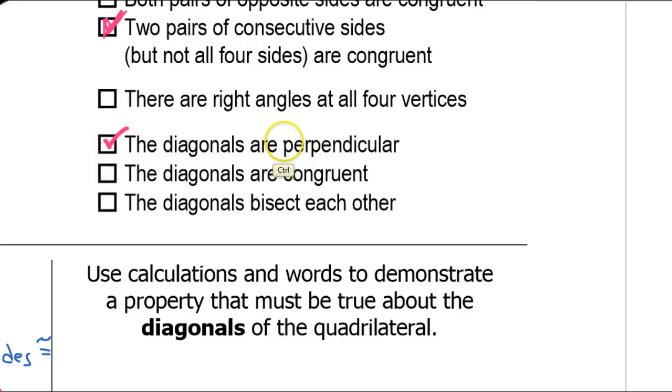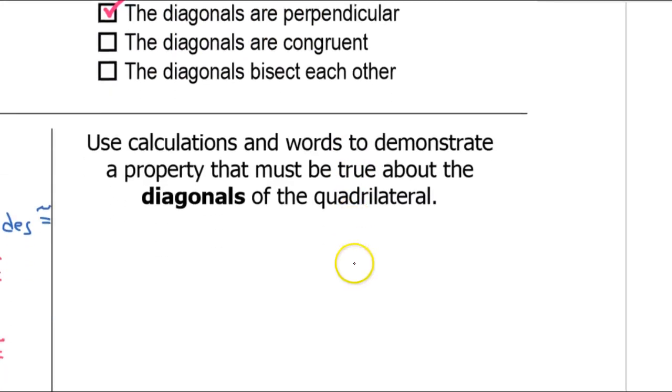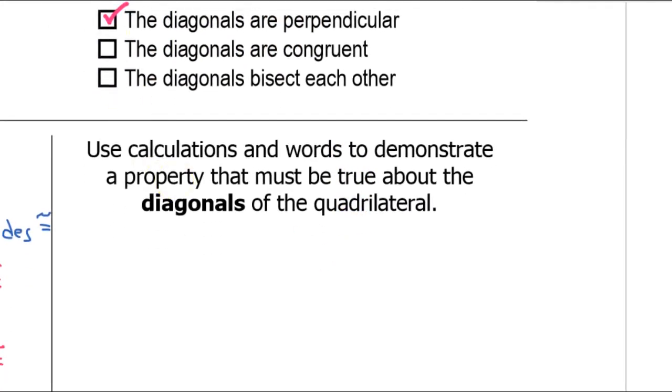Let's prove that property. So our goal is to prove the diagonals are perpendicular.